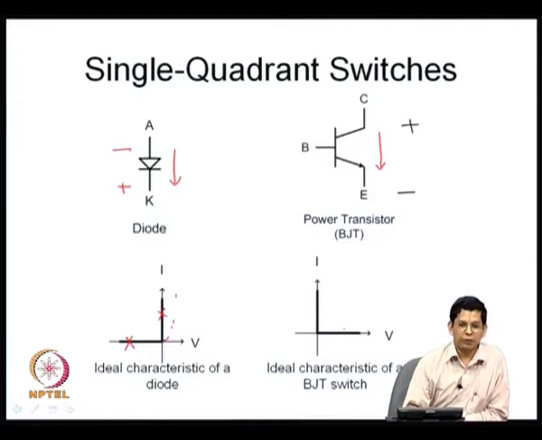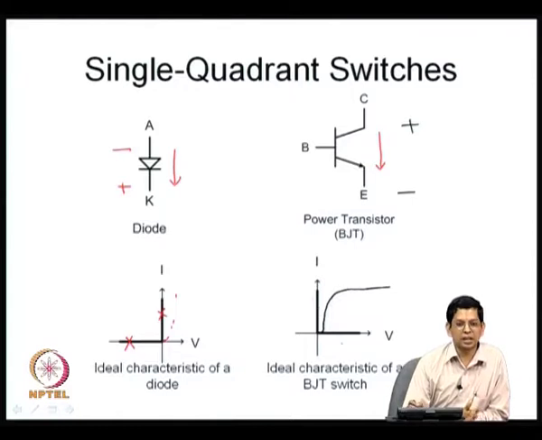It can block voltage of one particular polarity when it is off, and it conducts current in one direction when it is on. You would have seen the BJT characteristic to be something like this. This is when you draw the collector current versus the collector emitter voltage VCE for a given base current IB. So, this is the place where you are going to be operating, that is a small VCE SAT. When it is on, it is going to have some small voltage. If we ignore that voltage, the voltage is basically 0.